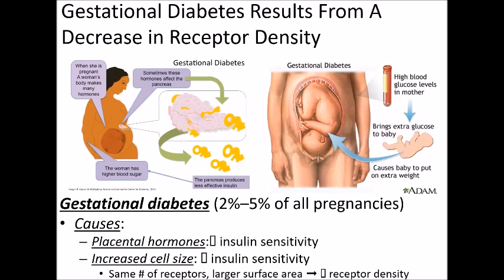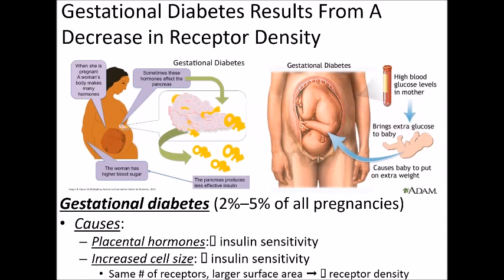All pregnancies likely result in some level of glucose changes, so some insulin insensitivity. But if it's not severe enough to reach the level of 126 fasting, then it's not considered gestational diabetes.